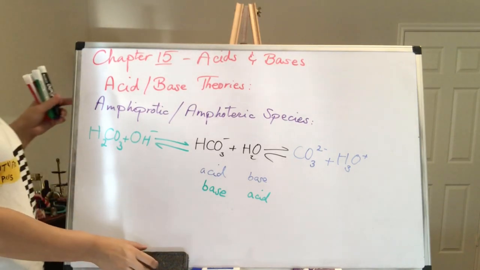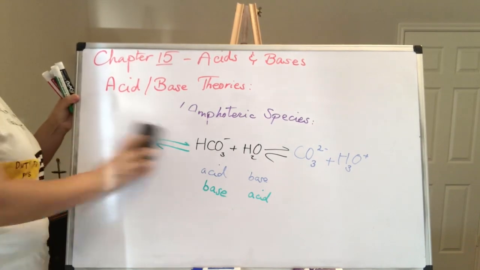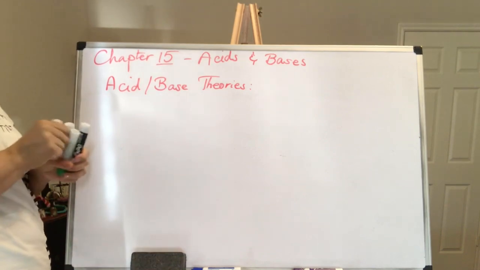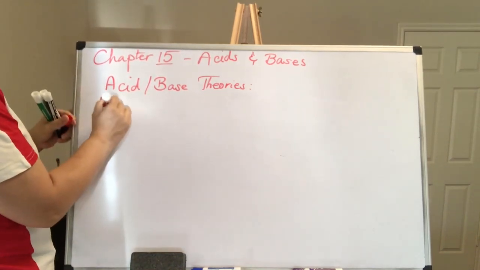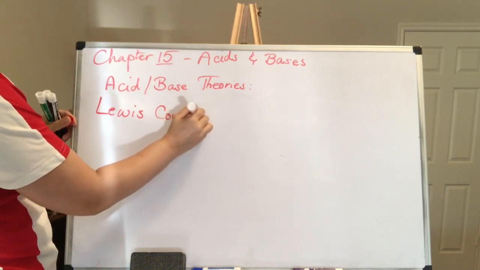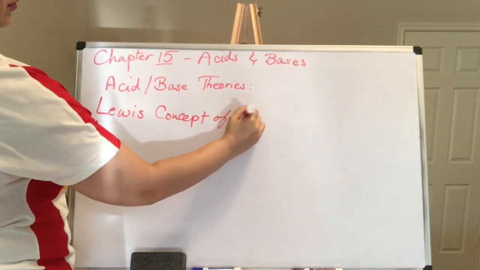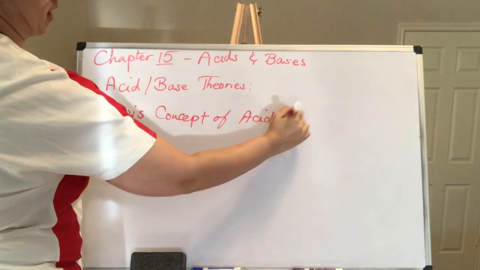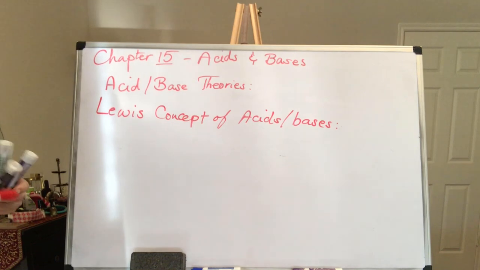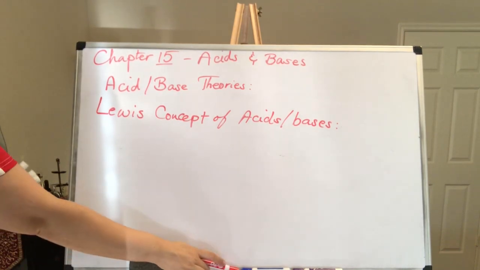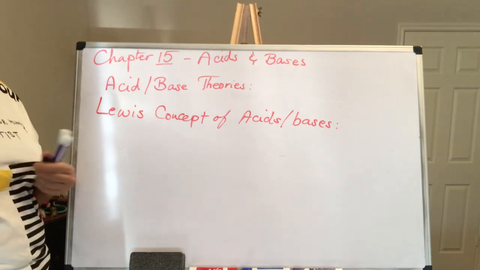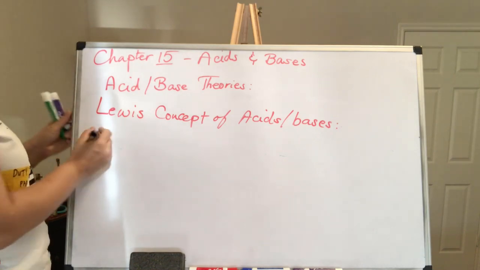Okay, the last theory of acids and bases, the last concept, is Lewis theory. This theory is completely different from what you learned, because instead of hydrogen ion or hydrogen ion and OH- ion, it is just talking about an electron pair.